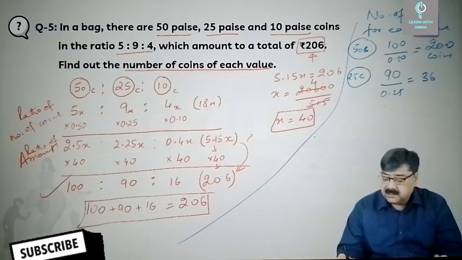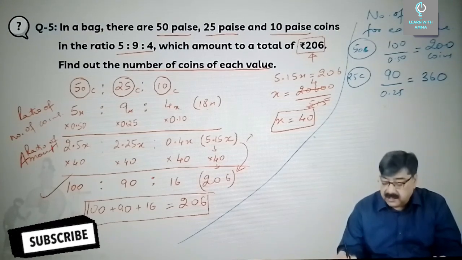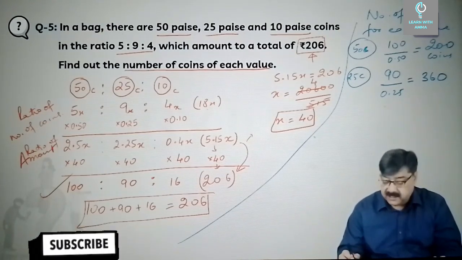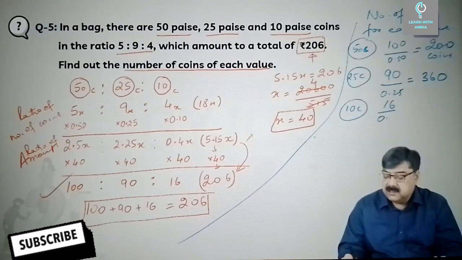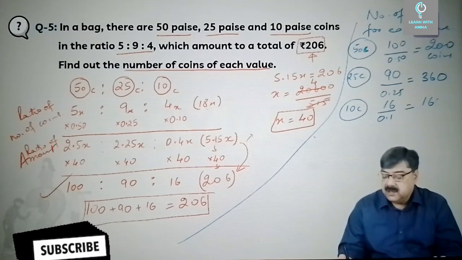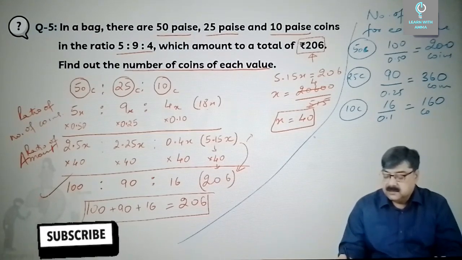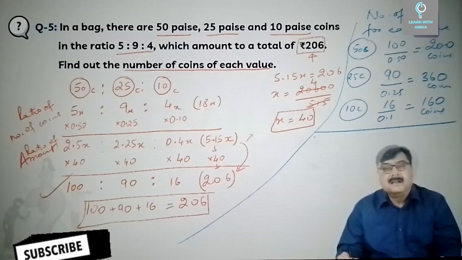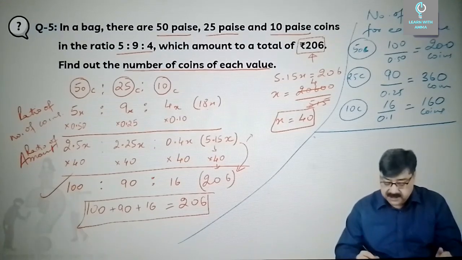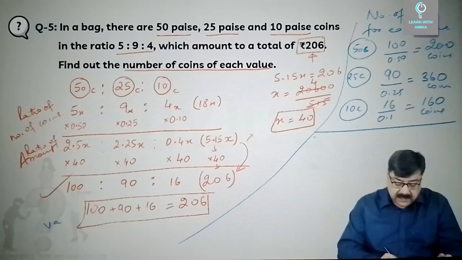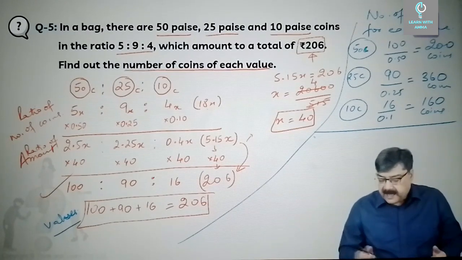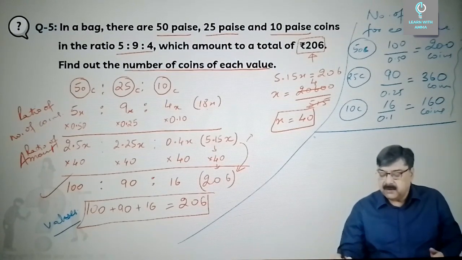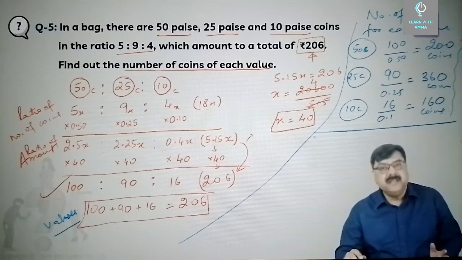So that is 36. So 360. So there are 360 coins of 25 paisa each. And 10 paisa coins, they are amounting to rupees 16 by 0.1. So there are 160 coins of 10 paisa. So this is how you can find out first the values that each of the coin type amounts to, and then finally you can find out the number of coins of each type.